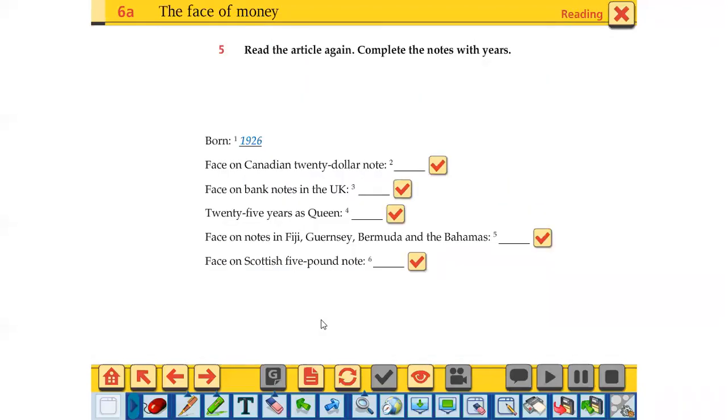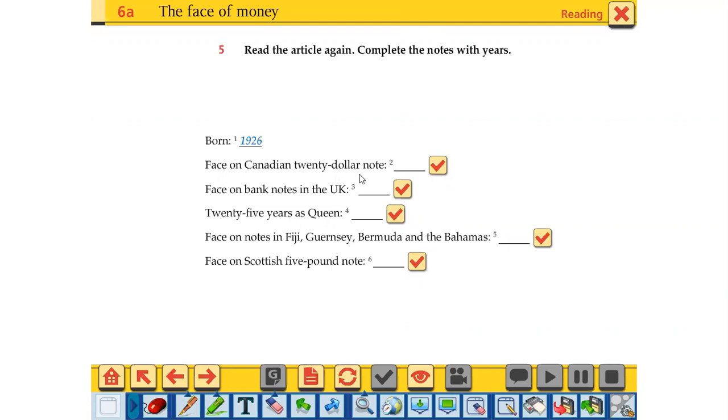Next, read the article again and complete the notes with years. Okay, we have to complete the notes with the year. Born in 1926.